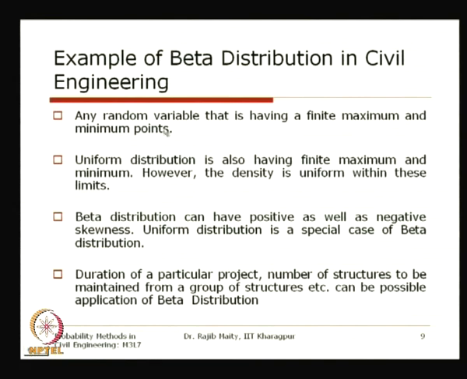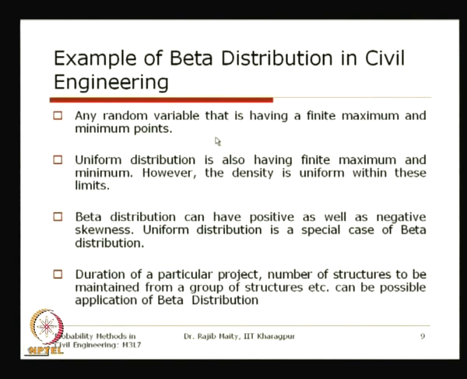Now some discussion on the beta distribution: any random variable that has a finite maximum and minimum can be modeled as a beta distribution. Uniform distribution also has a finite maximum and minimum, however the density is uniform within these limits.